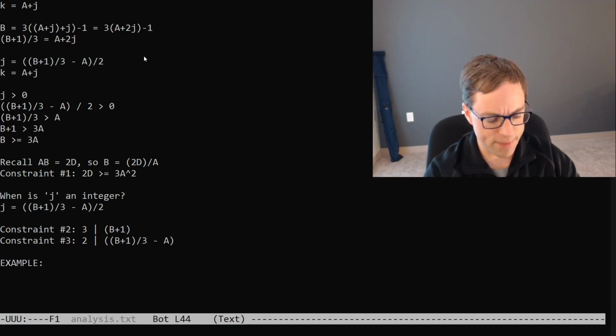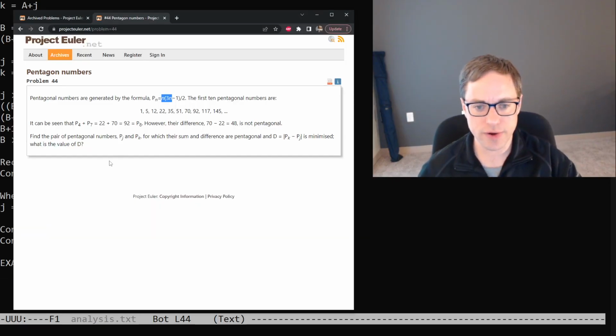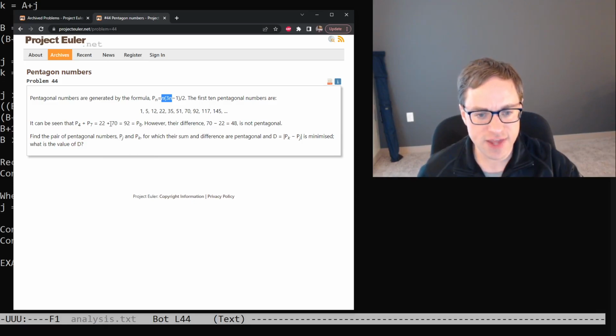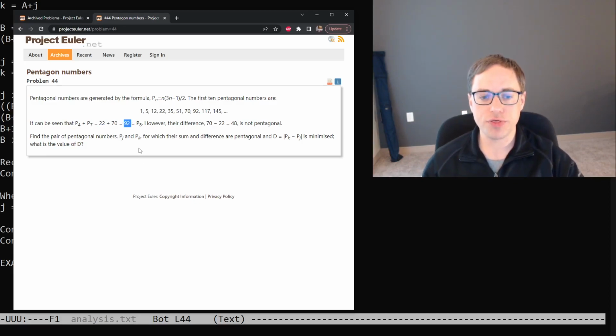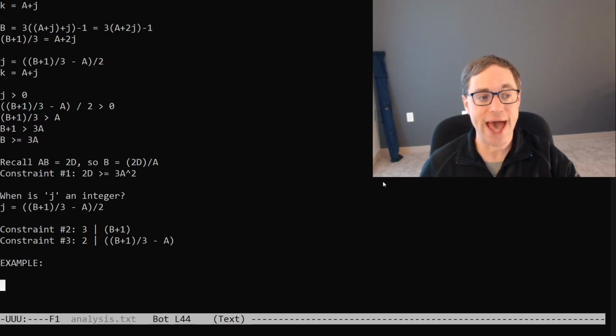So let's go back over to the problem description here. And they give this example where 22 is the difference of 70 and 92, with all three being pentagonal numbers. So let's see if we can rediscover that pentagonal triple.